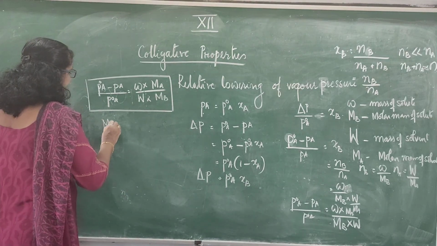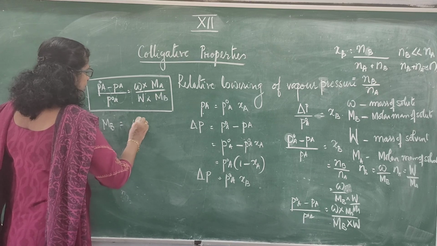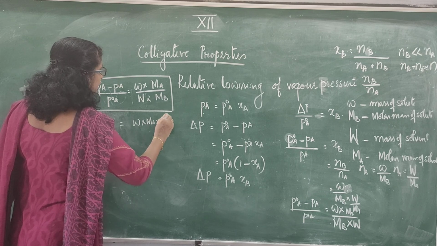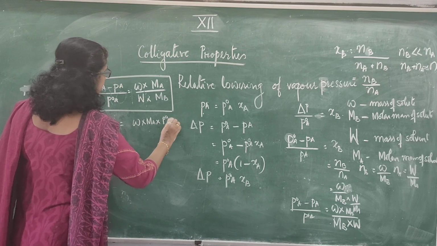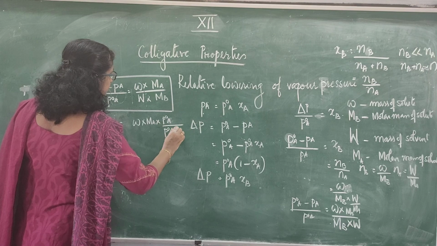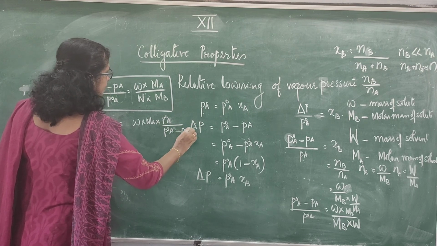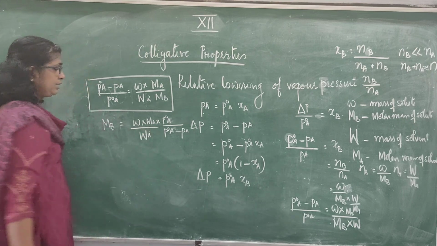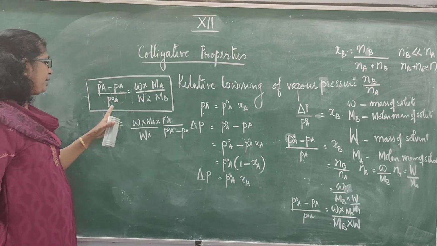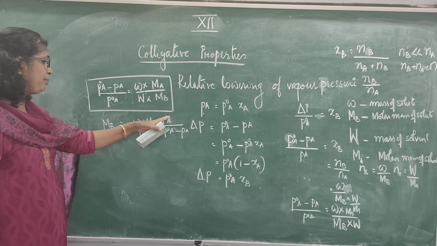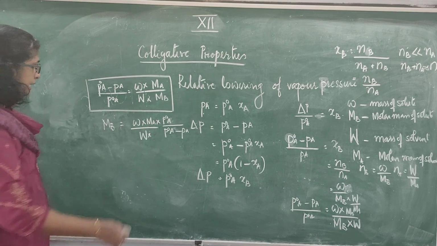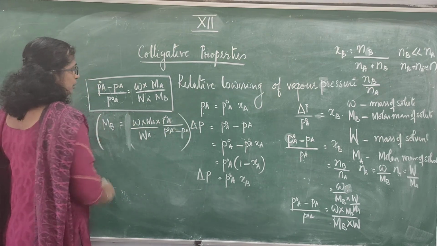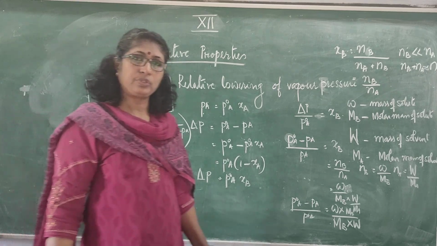So MB is equal to small w into MA into P naught A by capital W into P naught A minus PA, isn't it? This will give you the molar mass of the unknown solute.